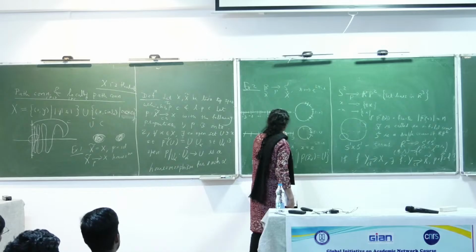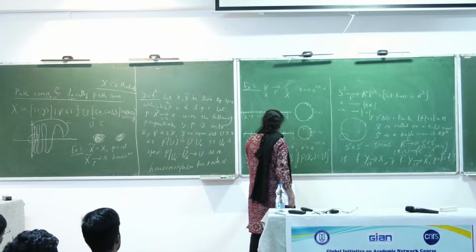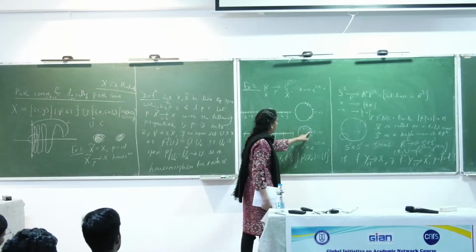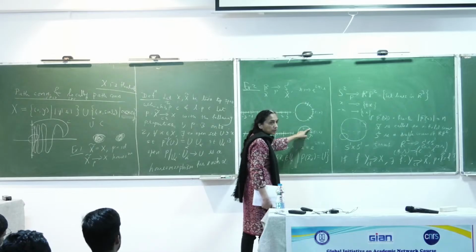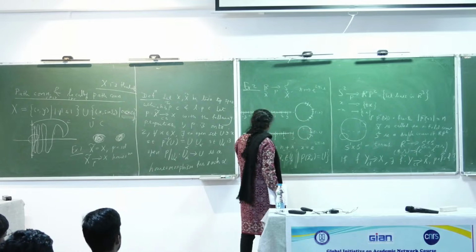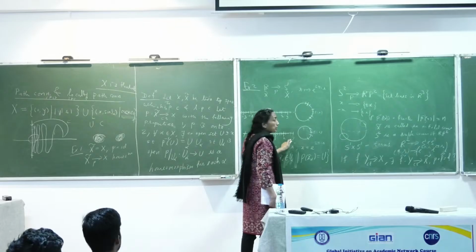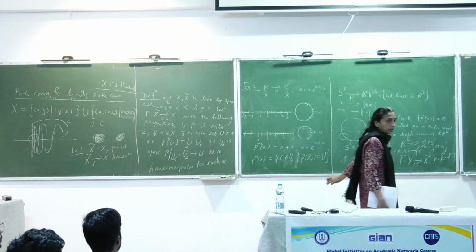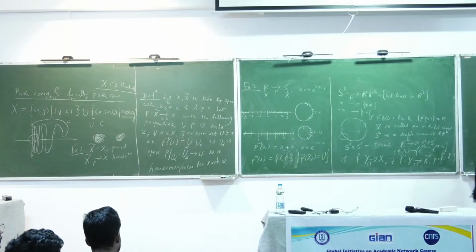If I take its image, I get this path here. So a path will have as many liftings as the inverse image of P, that is, how many fold the covering is.